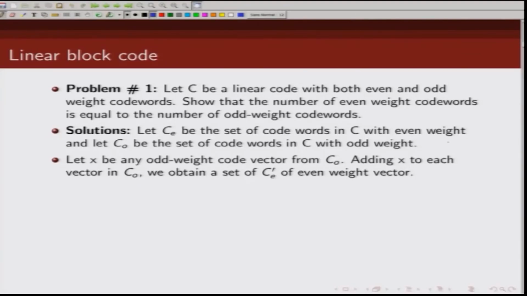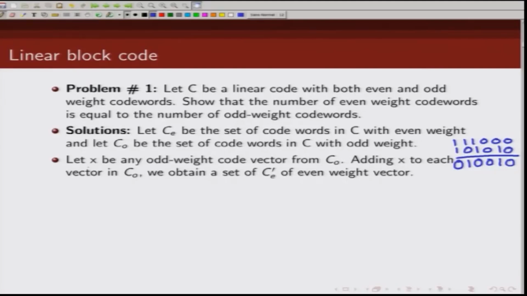For example, let us add 111000 and 101010. The first code word is odd weight, its weight is 3. Similarly, the second code word also has weight 3. If I add both of them, I get 010010, and this is an even weight code word.